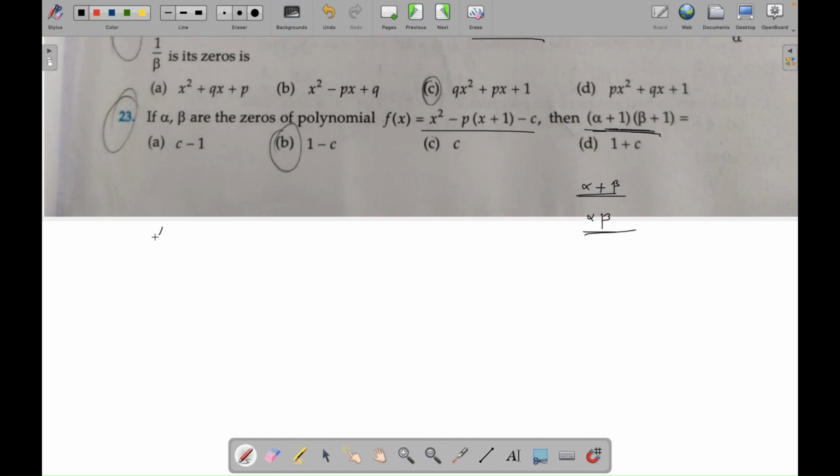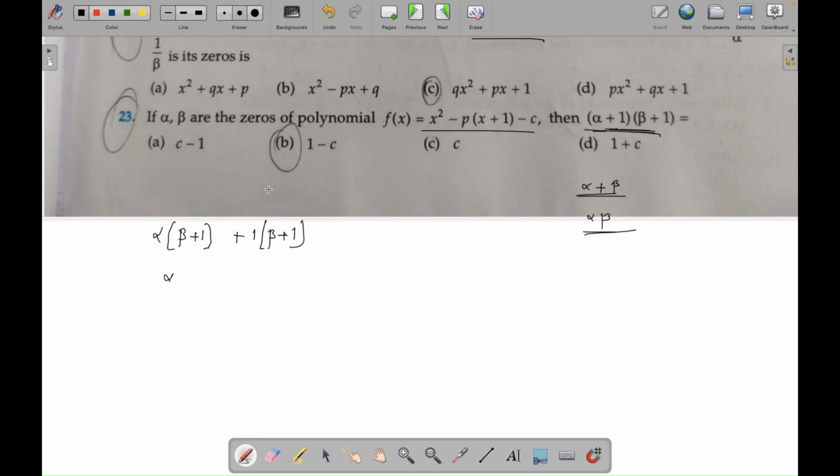So this will be equal to alpha times beta plus 1 plus 1 times beta plus 1. Puneet, you're saying something? I'm just expanding this. So this is equal to alpha times beta plus 1 plus 1 times beta plus 1.